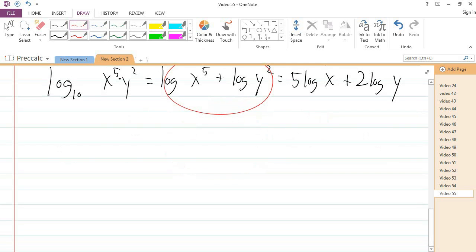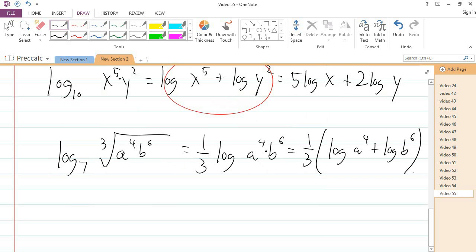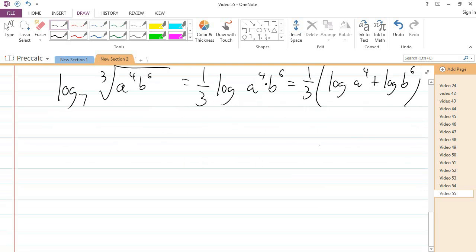Okay, let's look at one more. Log with 7 as a base of the cube root of a to the 4th b to the 6th. A cube root is a 1/3 power. So I can move that out in front of the log. I can then split up the a and the b. I can move those 2 exponents out in front.